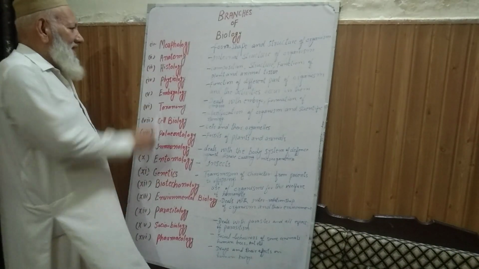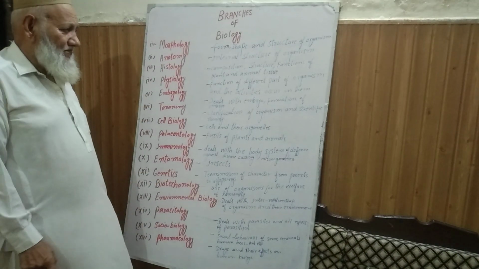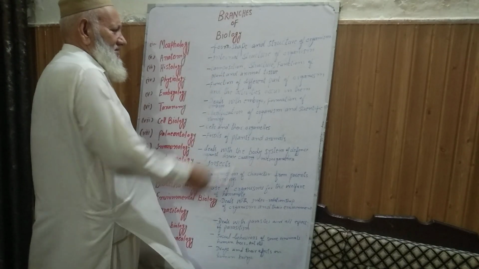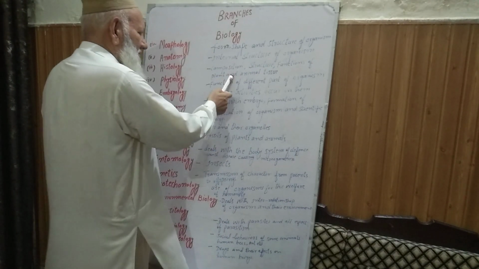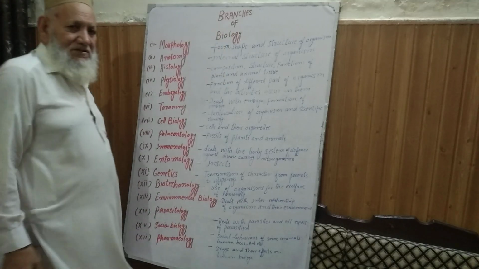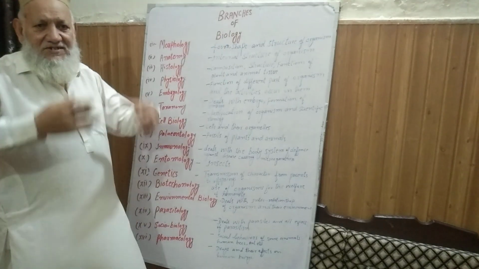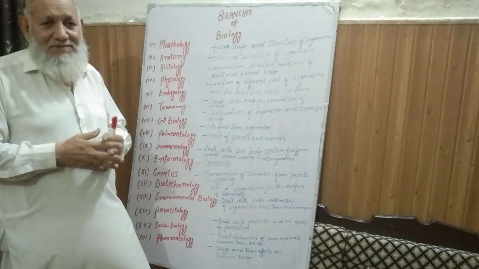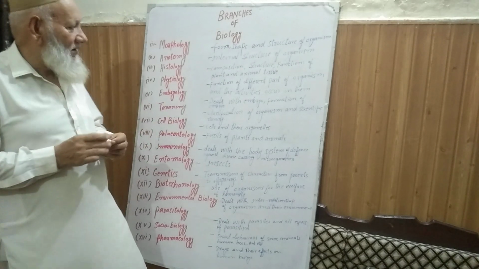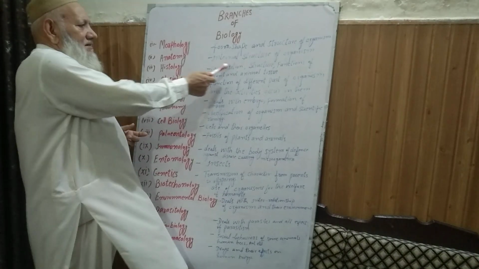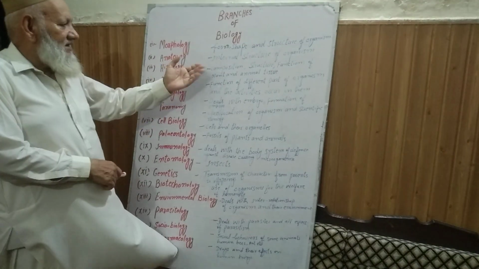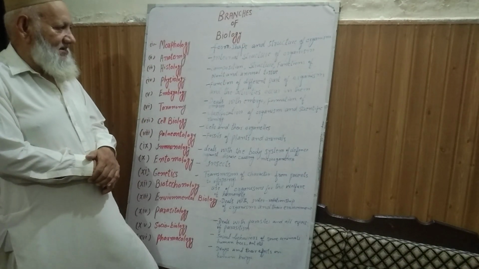The third one is histology. In histology, we study the composition, structure, and function of plant and animal tissue. Histology studies the tissue of the animal and the plant. So there you will see the composition, from which material it has been made.